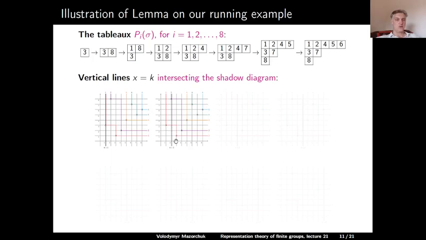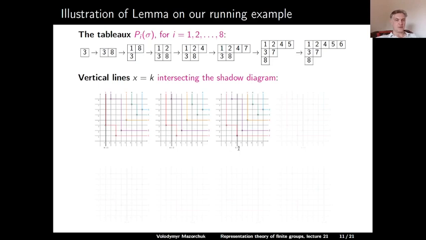Now we move to x equals 2. It intersects the first shadow line also at point 3, but it also intersects the second shadow line, and the lowest intersection point is 8. So the second insertion tableau is one row consisting of 3 and 8.